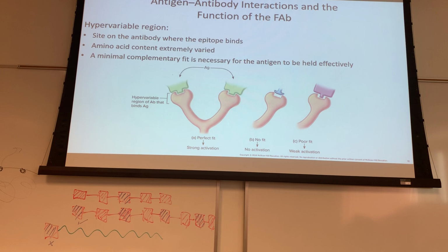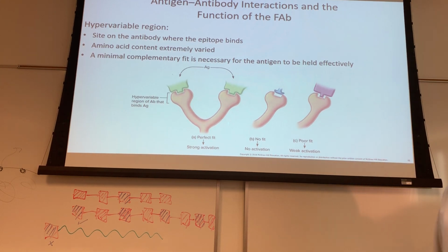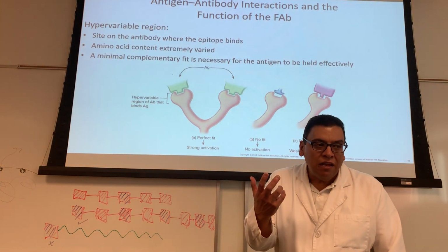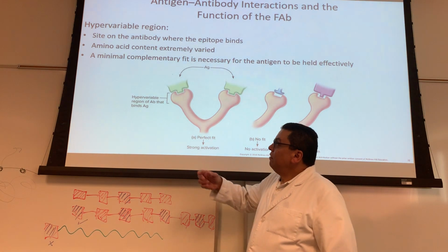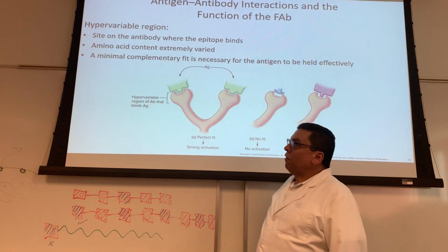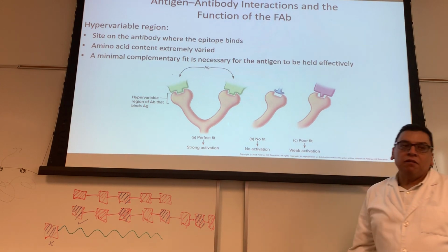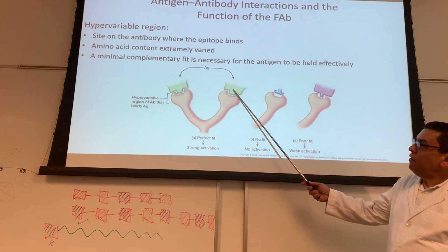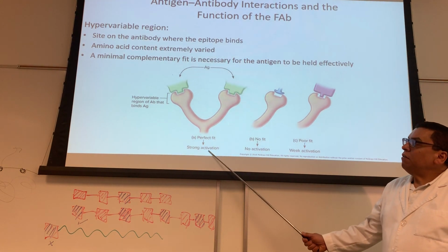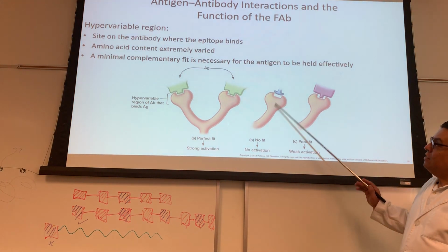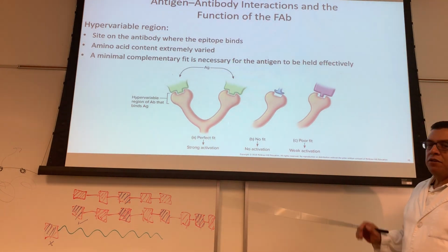Now, how antigens fit in the antigen binding site kind of mimics the substrate and the enzymes to some extent. It's all based on the shape of the antigen and the shape of the hypervariable region of the FAB region, the variable region of the antibody there. If it has a perfect fit, you will get a very strong activation. If it has no fit, no activation.